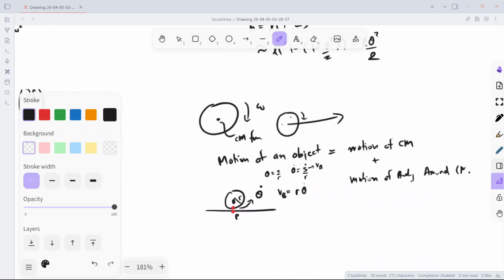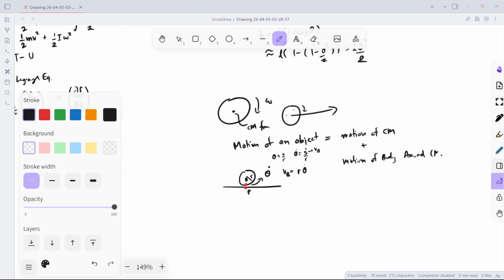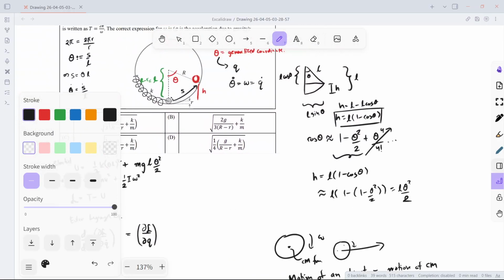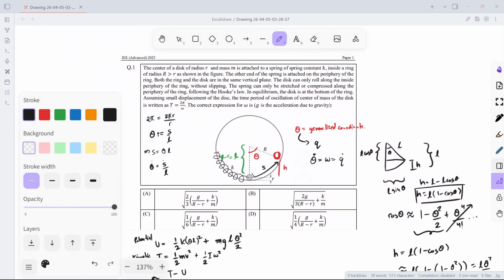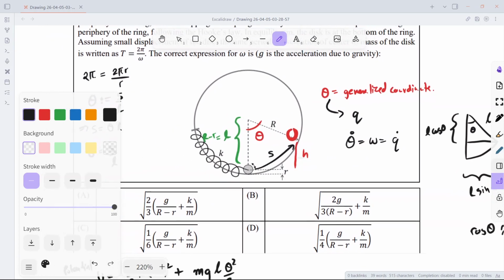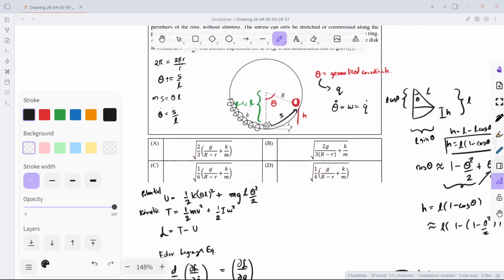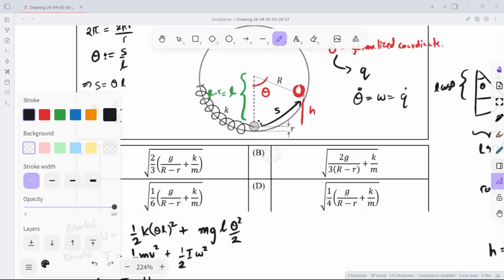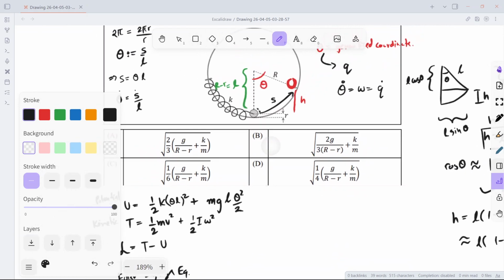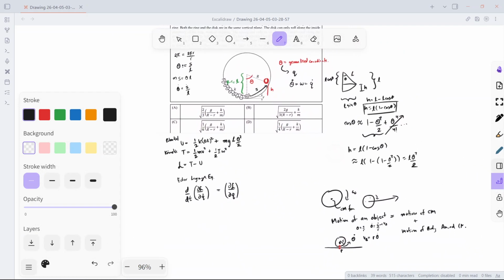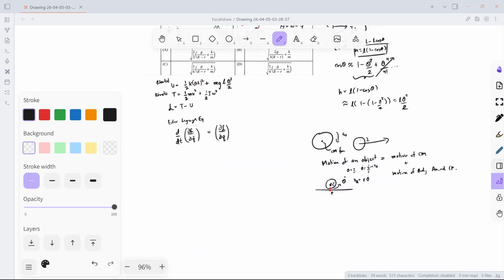So with the no slip condition, I think it is fair to say that the theta here, but okay, this is interesting. Maybe there are two different thetas involved.